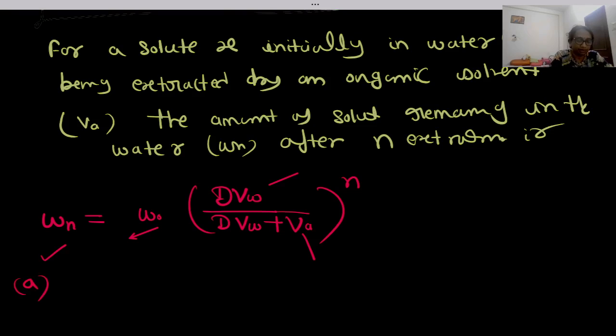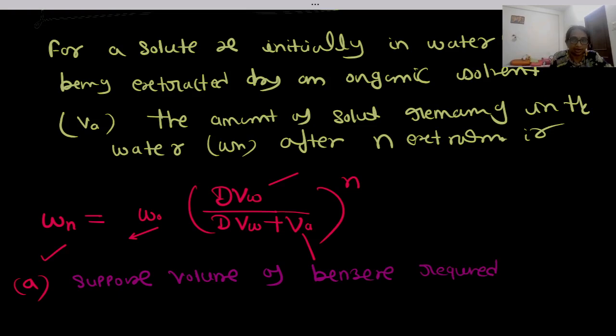Number 1. As per problem number 1, the given data: suppose the volume of benzene required is equal to V liters, right?